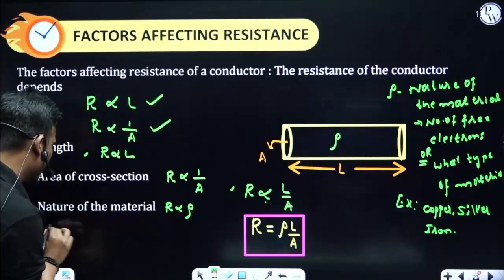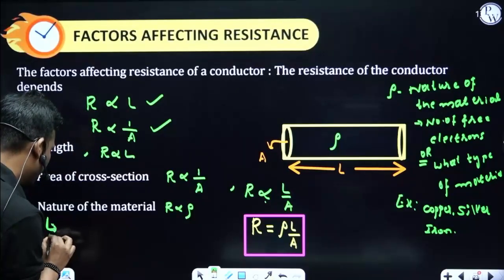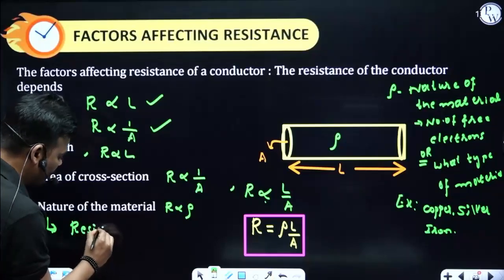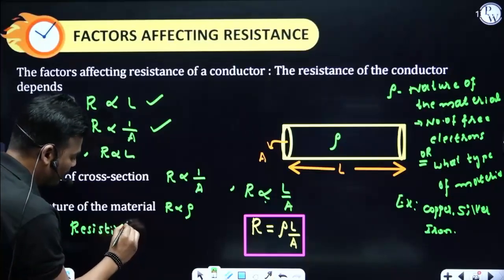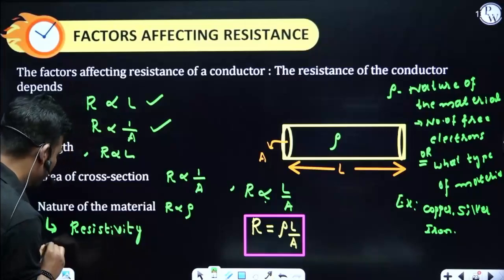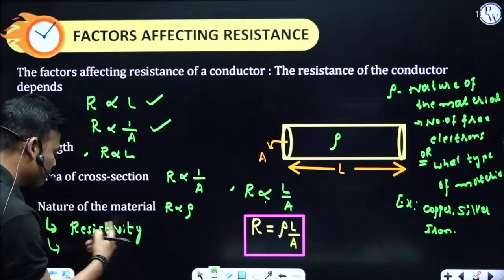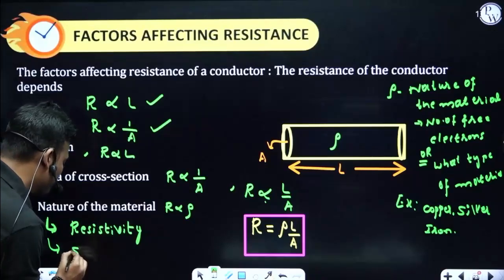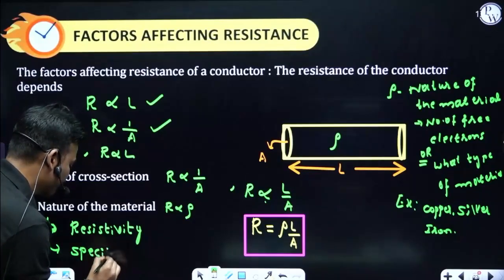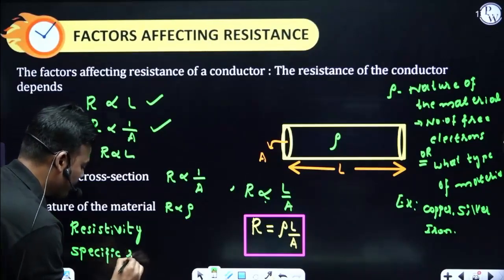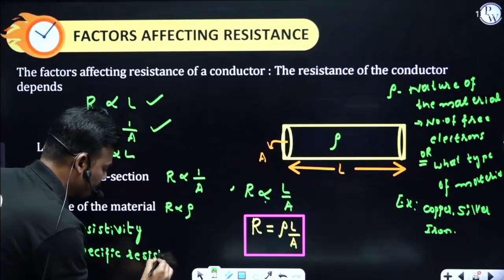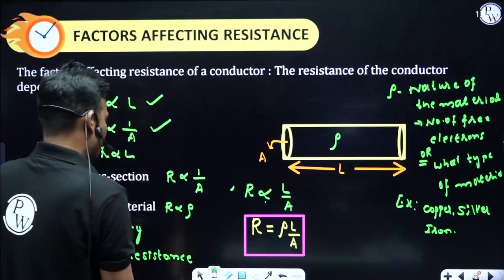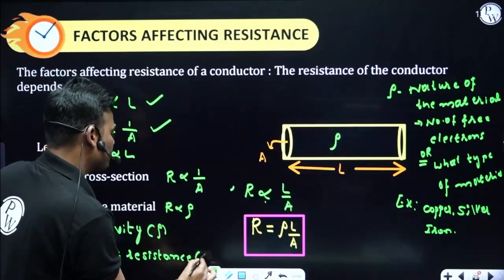This nature of the material is resistivity, not resistance. Another name for resistivity is specific resistance. Got it? So this is also rho.